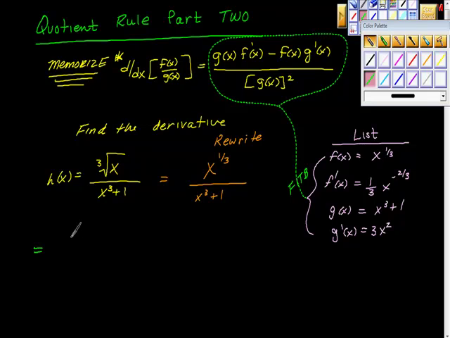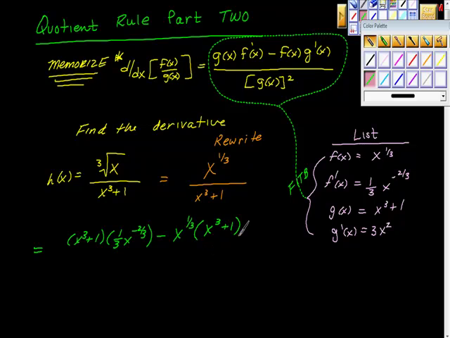It's x cubed plus 1, that's our g of x, times f prime at x, and f prime at x was 1/3 x to the negative 2/3 power, right? Then it says minus f of x, which was x to the 1/3, I'm just taking it from my list over here, times g of x, and g of x is x cubed plus 1.